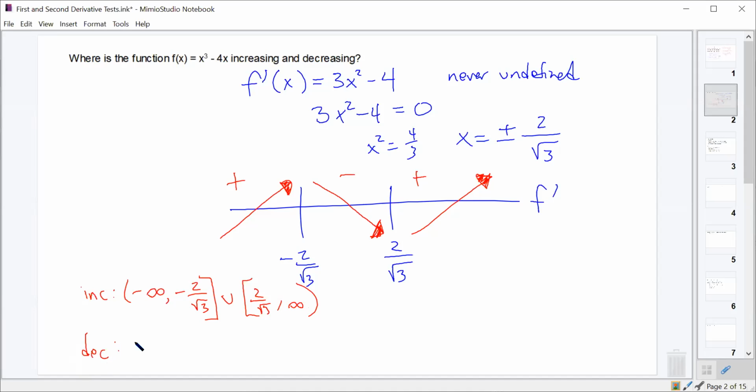And it is decreasing on the interval negative 2 over root 3 to positive 2 over root 3, both with brackets. And this is how I want your answer to be written. Good or no?